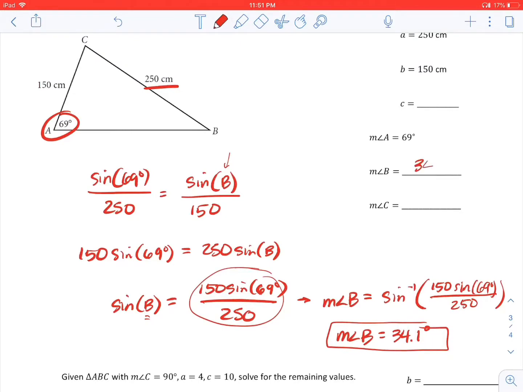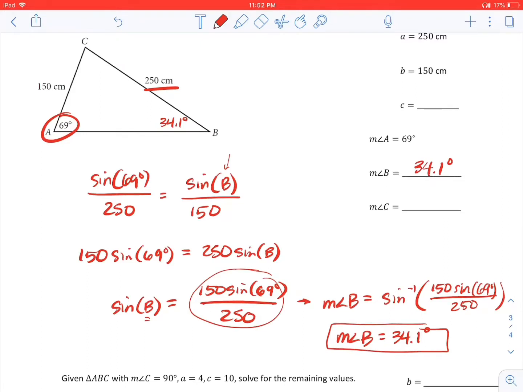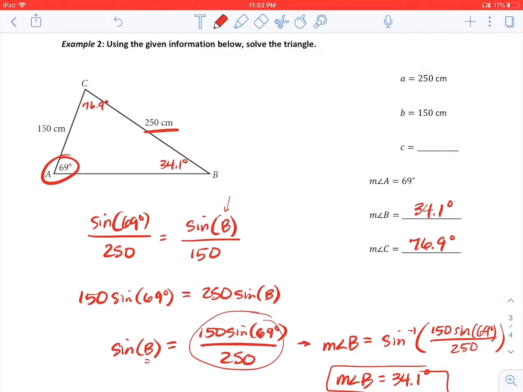And just keeping in mind that we round angles to the nearest tenth, 34.1. Now, since I have two angle measures in this case, I can use the triangle angle sum theorem to find the other angle by taking 180, subtracting 69, and subtracting 34.1. And I get that the measure of angle C is 76.9 degrees.